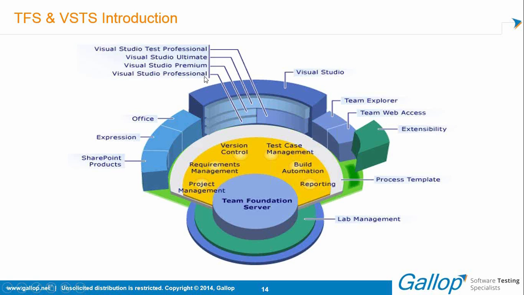If you want to have the complete end-to-end environment in place, then it is always advised to go for Premium and Ultimate, in which you will get all the modules or all the components, and you can have one common platform for everyone to do their work effectively.